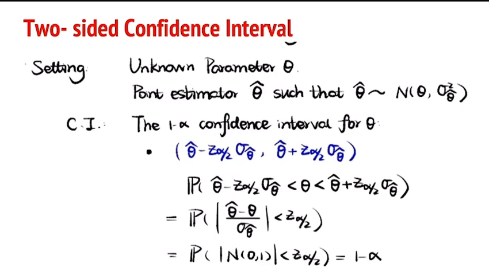If we want to do that, since we're going to be using sample information, we need an estimator, which is a function of the sample. The estimator here, theta cap, is believed to follow a normal distribution.